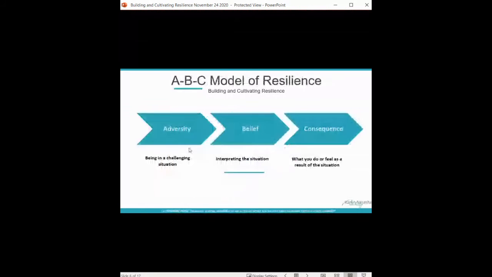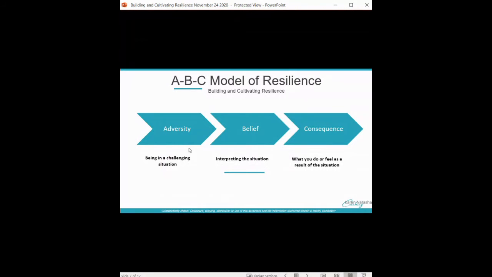Next slide. This next one is the ABC model of resilience. A psychologist, Albert Ellis, actually came up with this. A is for adversity, and adversity is a situation or event.